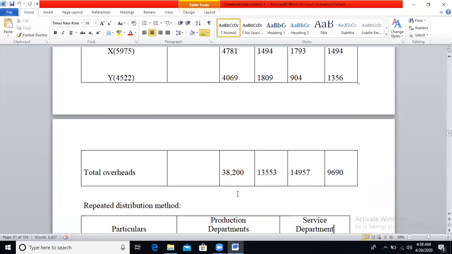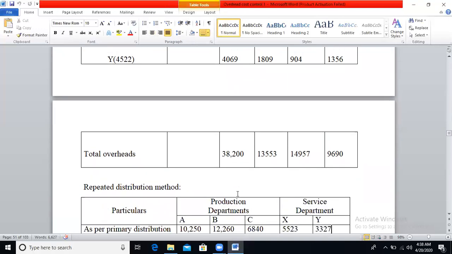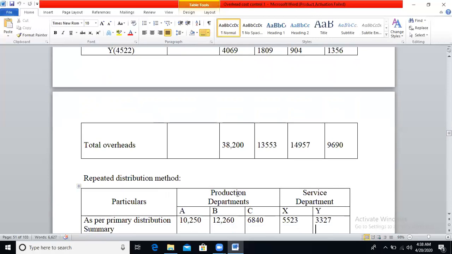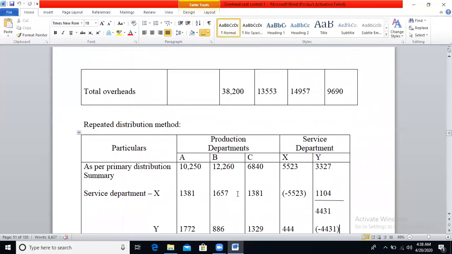So under the simultaneous equation method, first form the equations, then calculate the X and Y values. The X and Y values should be reapportioned in the overhead distribution summary as per the production department percentages, as per the X percentages and Y percentages. So the next method is the repeated distribution method.